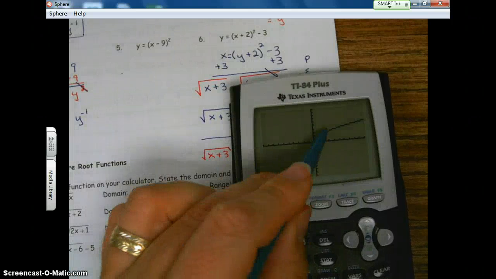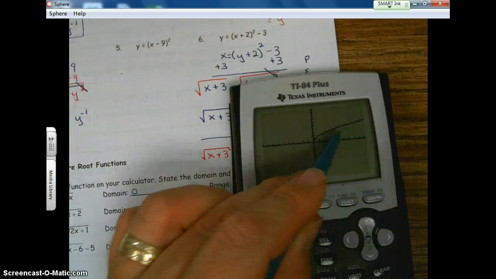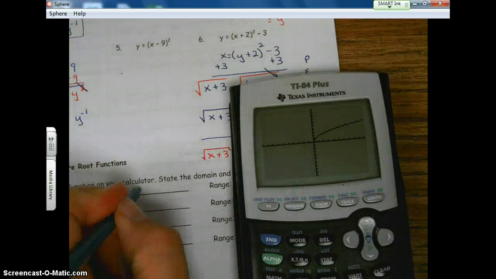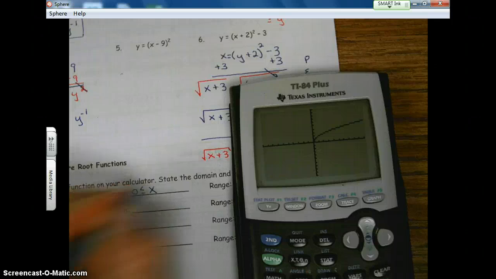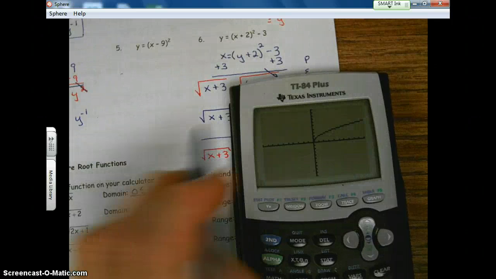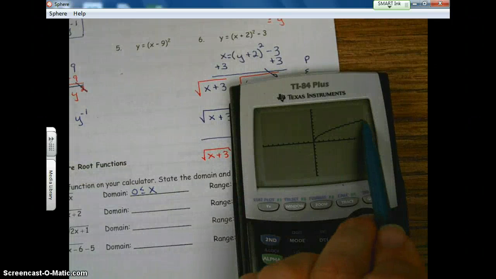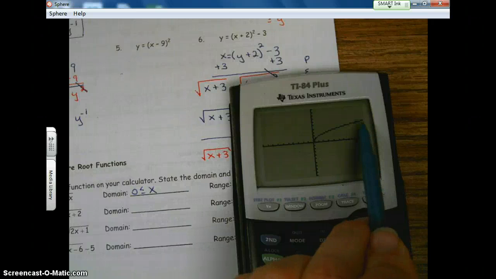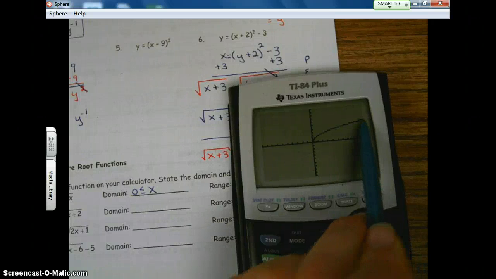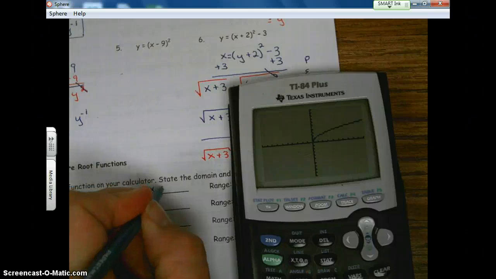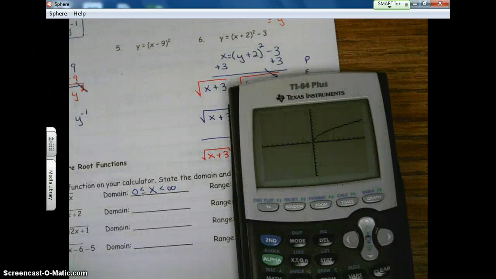It's a continuous graph. There's no holes in this graph. So we're going to use the inequality symbols. And when it goes all the way to the edge of the window, it usually means it's going to continue to go on infinitely. So we're going to go on to infinity to the right.